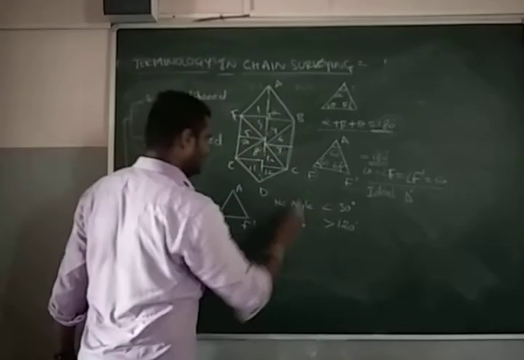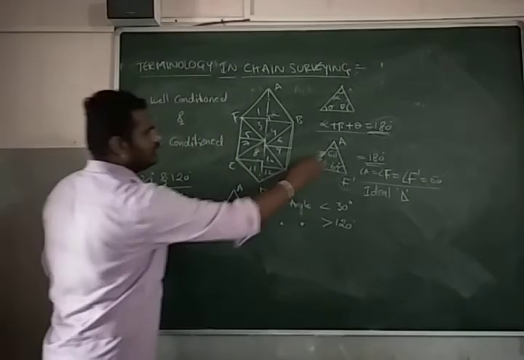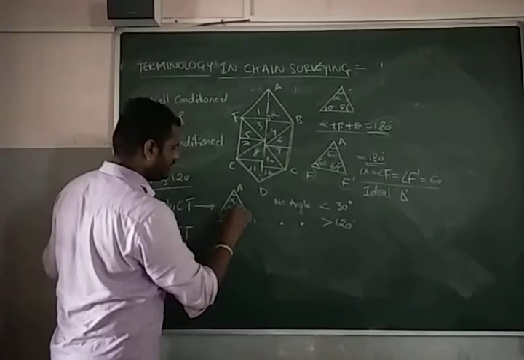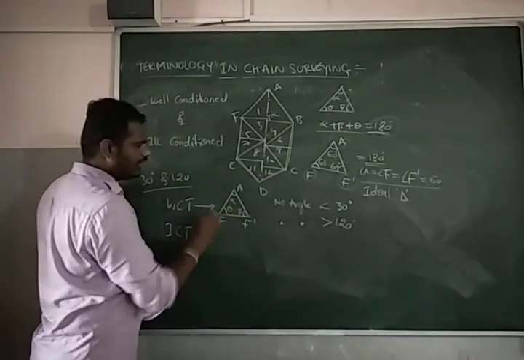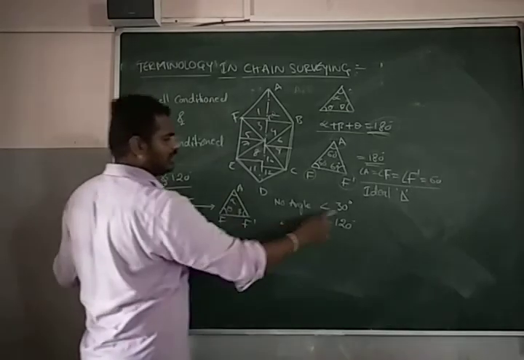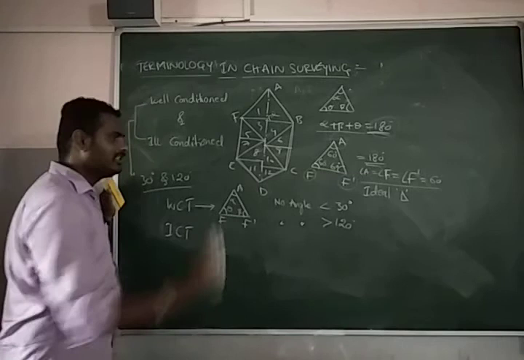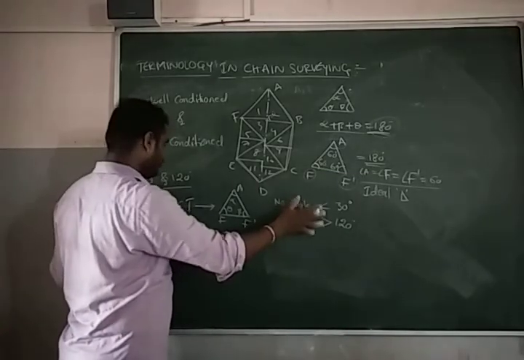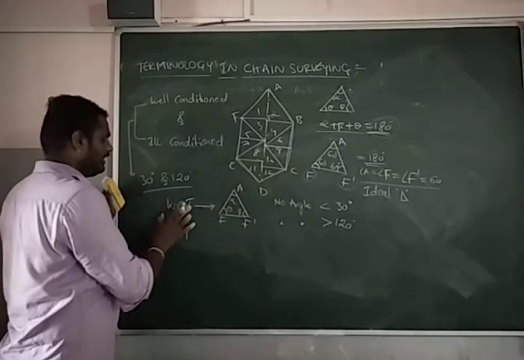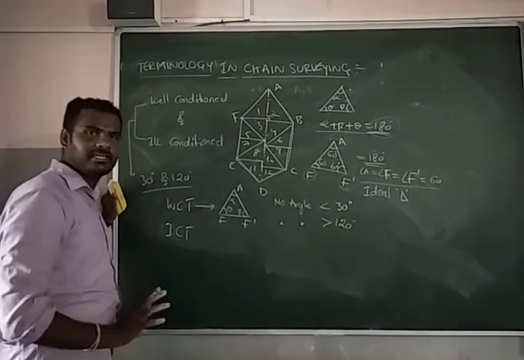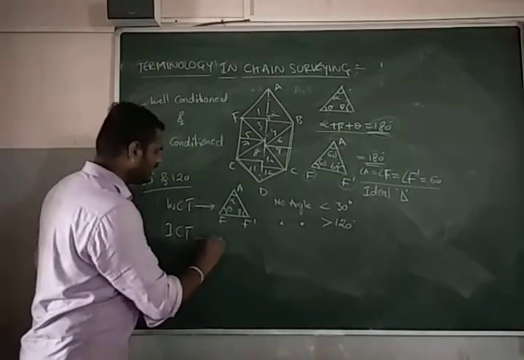Out of theta, alpha, beta, no angle should be less than 30 degrees, and no angle should be greater than 120 degrees. In such a scenario, we can call the particular triangle a well conditioned triangle. And an ill conditioned triangle is the opposite.